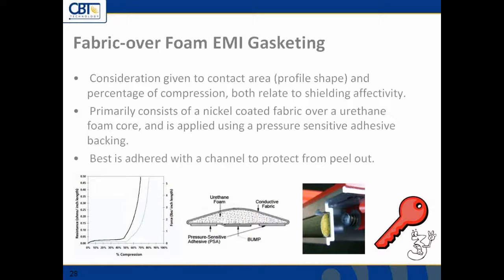With fabric over foam, it's a little bit different, because the actual shielding effectiveness has to do with the compression. And this chart in the lower left shows that. You see the compression going higher, and then your shielding effectiveness or your resistance actually growing along with that. So it's important in a case like this to make sure you're retaining that gasket properly inside some sort of feature.